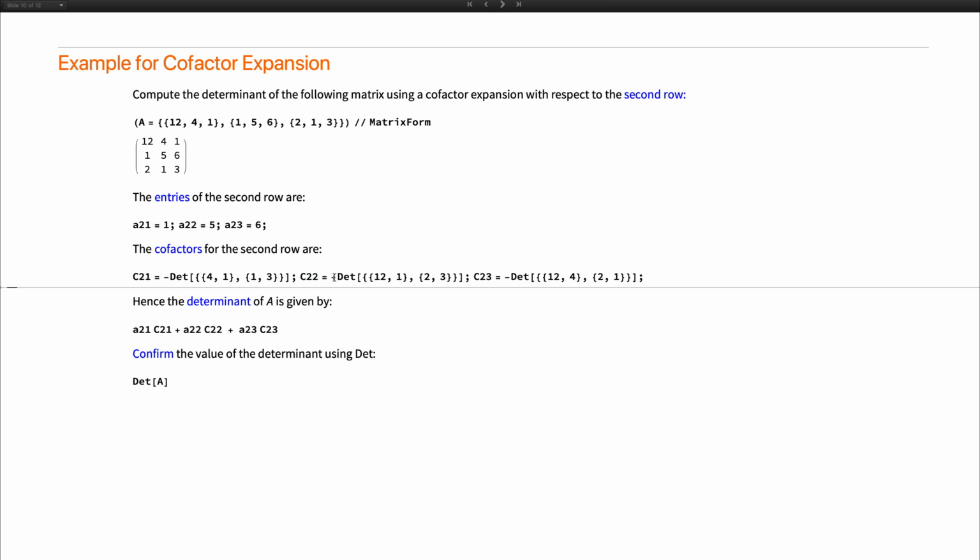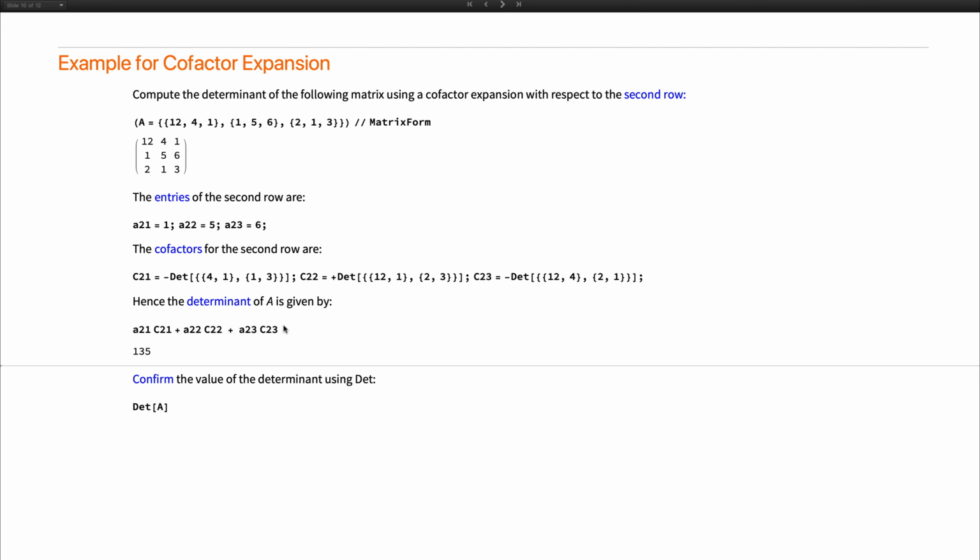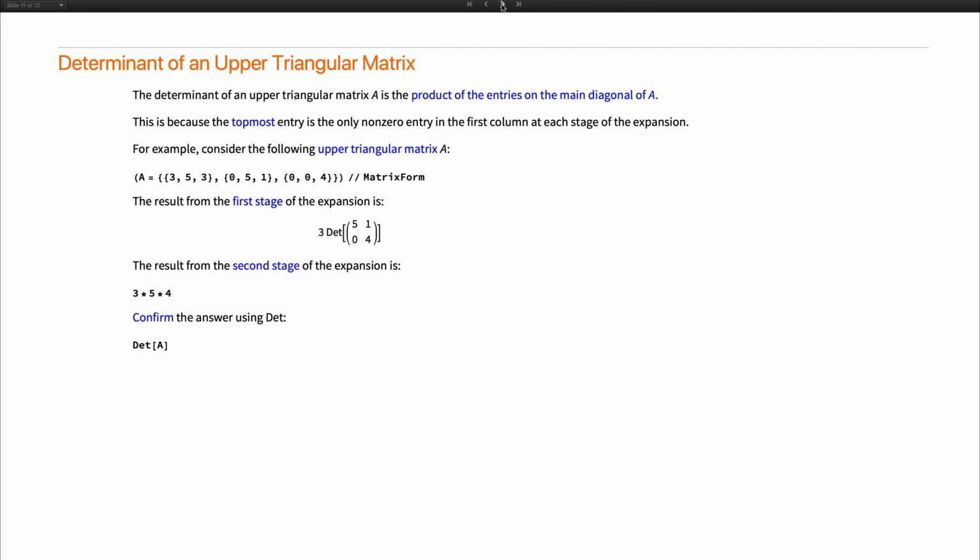So you got minus, plus, and minus over here with the second row. Then you work out the determinant. And once you've done that, you can check the answer is 135. So the point is, with the cofactor expansion, you can use any row or any column. And that's the key idea for finding the determinant of an upper triangular matrix.